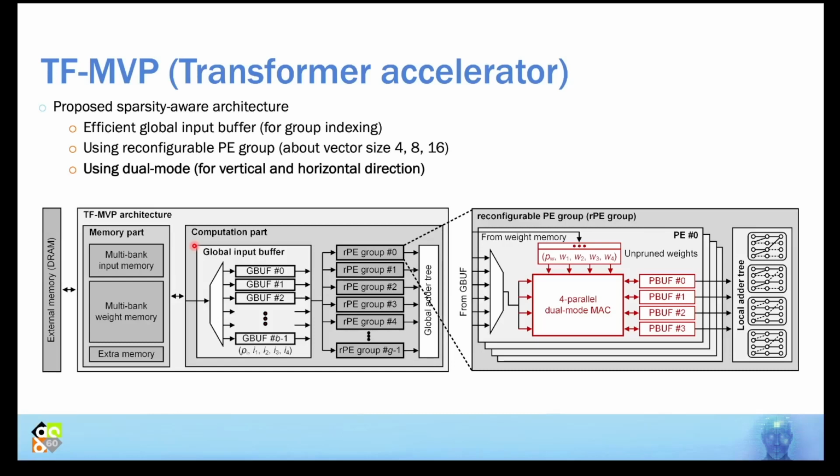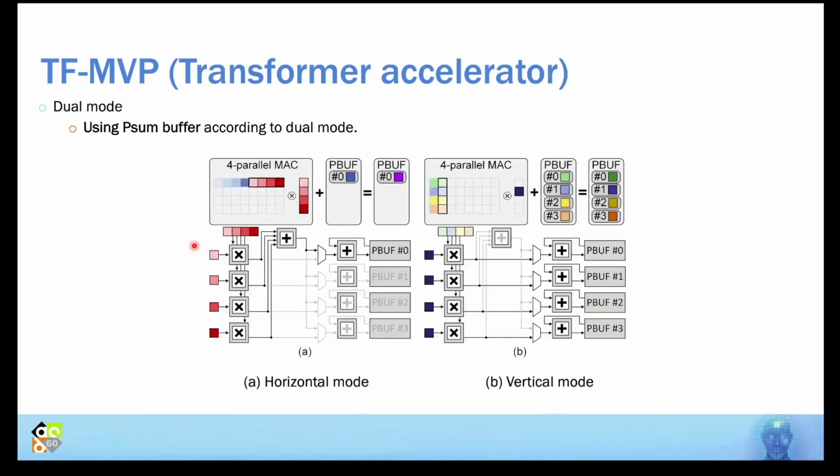And we support dual mode for vertical and horizontal direction in this 4 MAC location. Since we need to perform vertical MAC operations, the P must support both horizontal and vertical modes when performing MAC operations. To support this, we provide internal buffer or MAC operation scheduling inside the P.